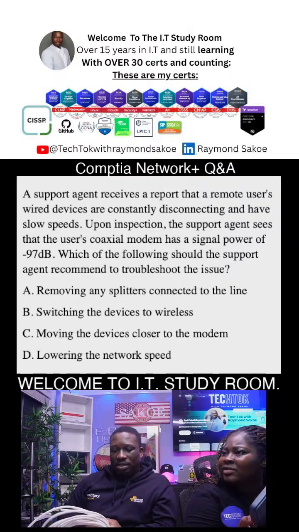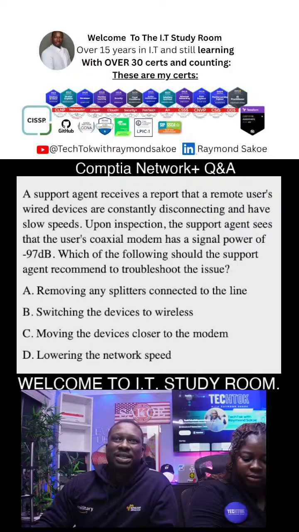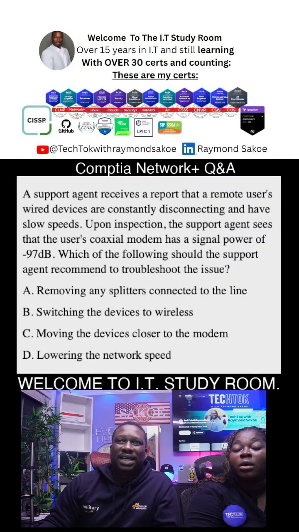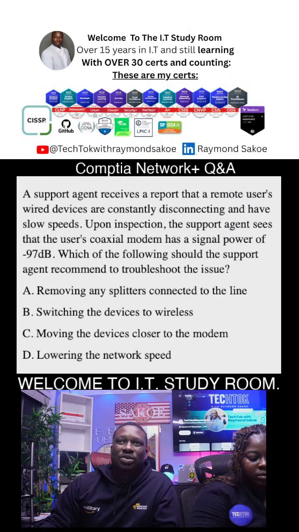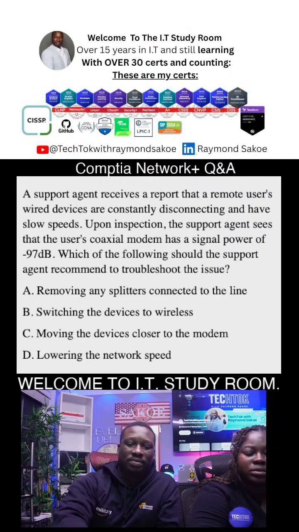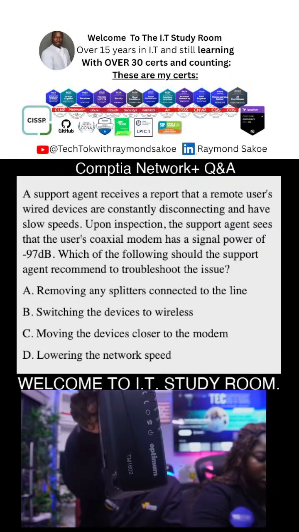What was the answer? You never said the answer. Oh, I'm sorry. So let me read the question. It says a support agent, or a technician, received a report that a remote user's wired device is constantly dropping or disconnecting and has slow speed. Upon inspection, the support agent sees the user's coaxial modem, which is this modem.